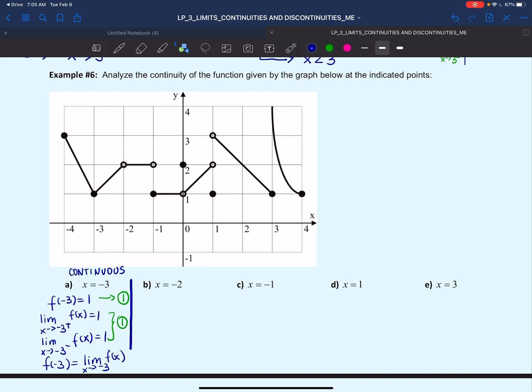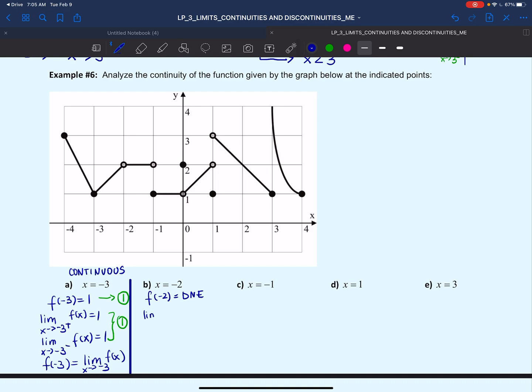Moving on to negative 2. Let's define the territories here. So at x equals negative 2, here is negative 2. The value of the function at negative 2 is undefined. So f of negative 2 doesn't exist.